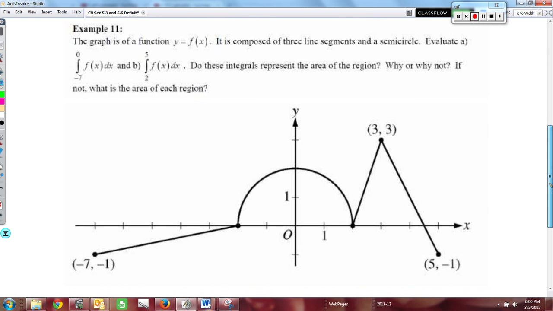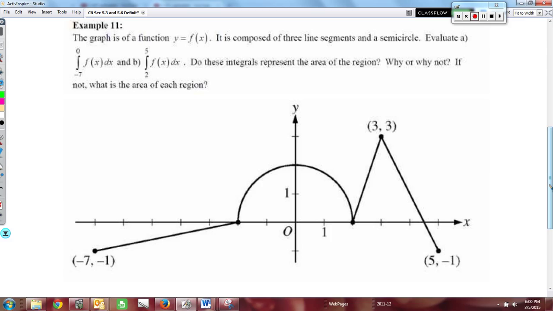All right, so here's another example that you might see. Instead of them giving me formulas, they're going to give me a picture. And then notice they tell me I have line segments and I have a semicircle. So right there you know that you can calculate each of these areas.